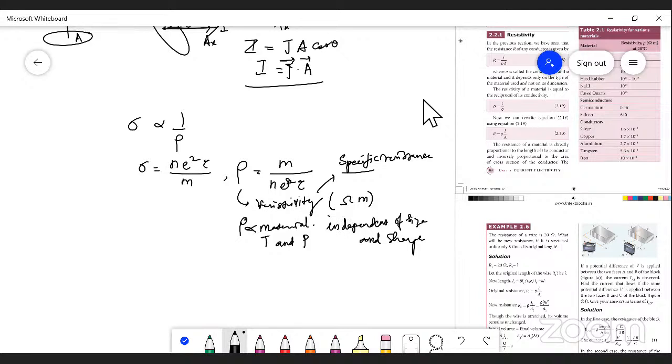If e is the charge of the electron, then we can calculate the total charge as dq. From dq, we calculated the current as I equals dq divided by dt.